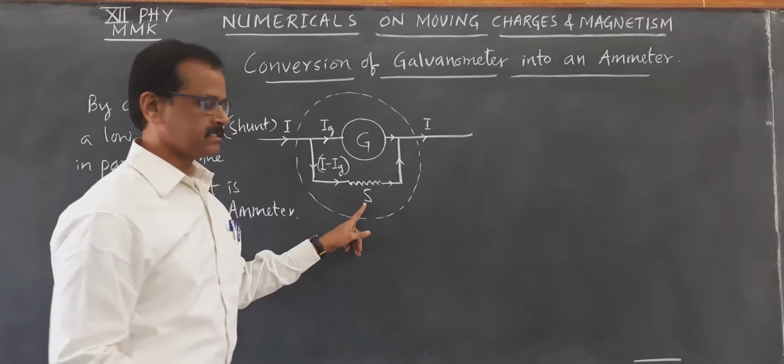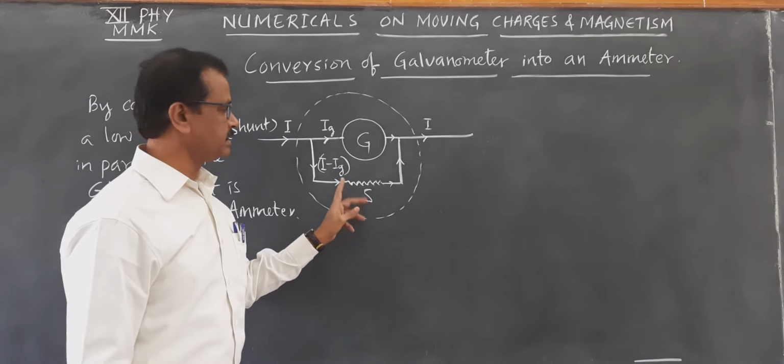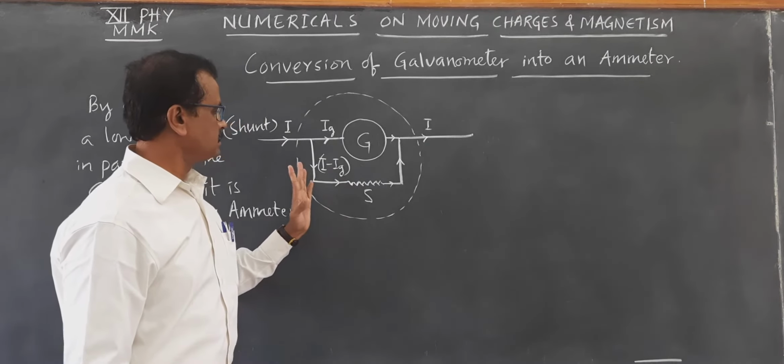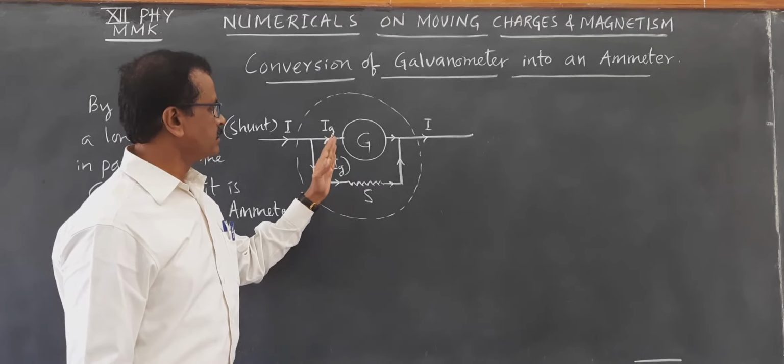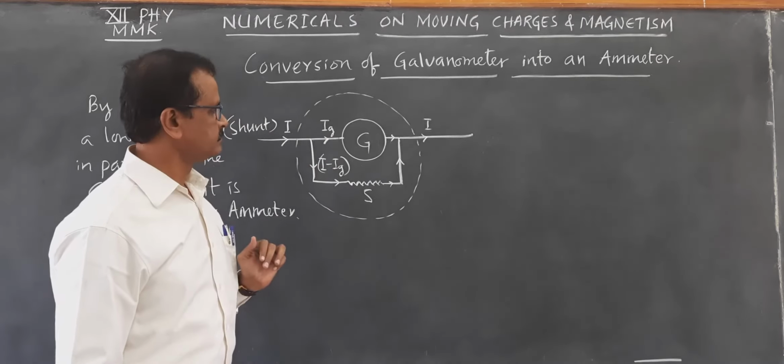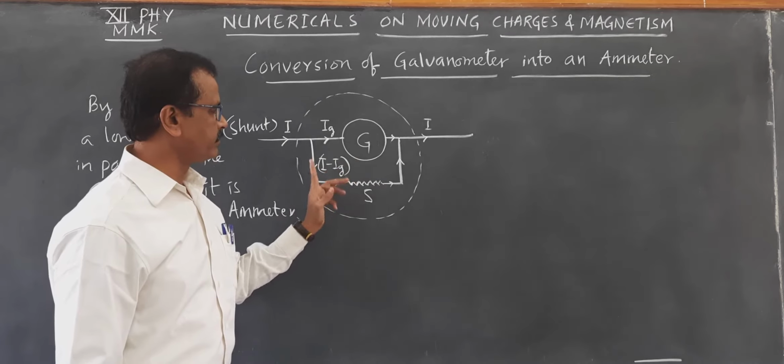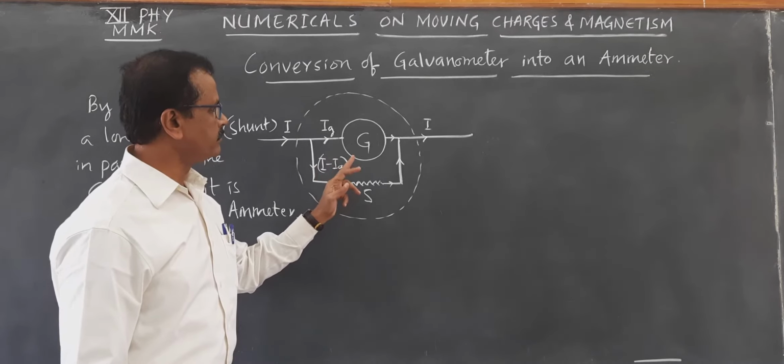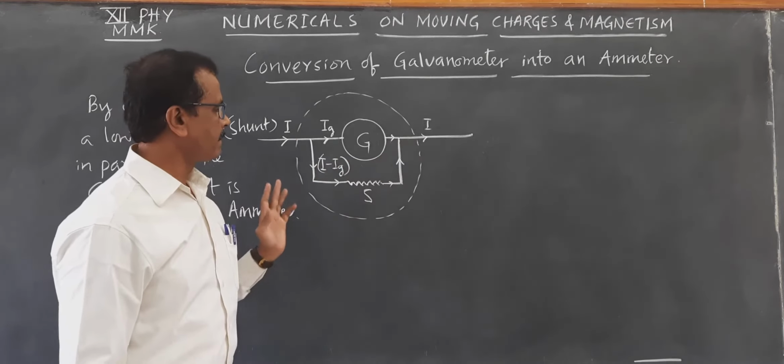When a low resistance S is connected in parallel, let us calculate the potential difference. When we calculate the potential difference, then we will be able to calculate the current I.